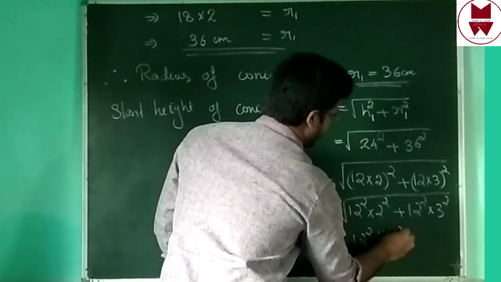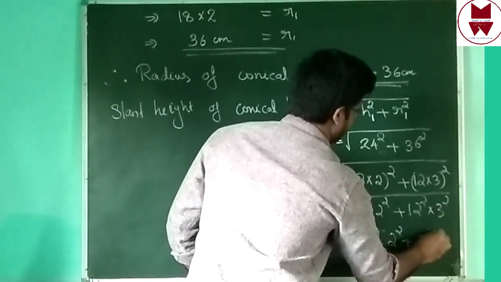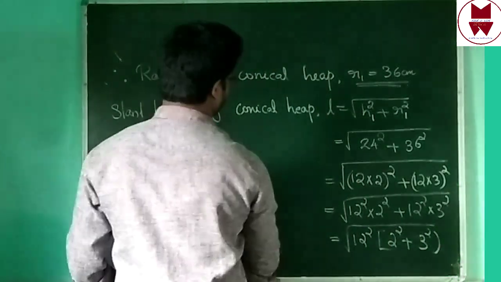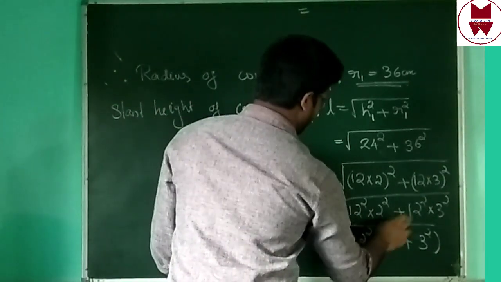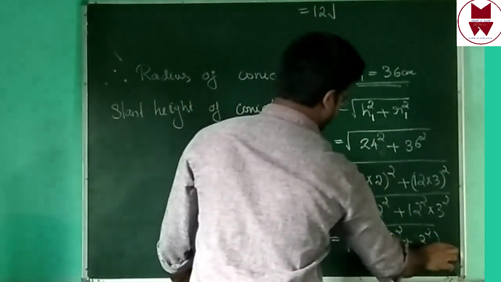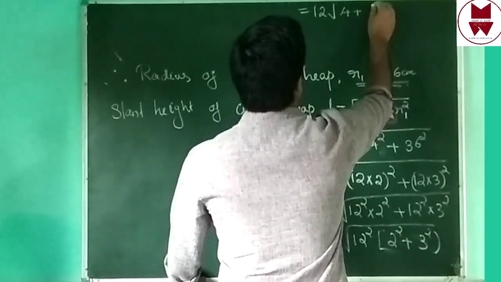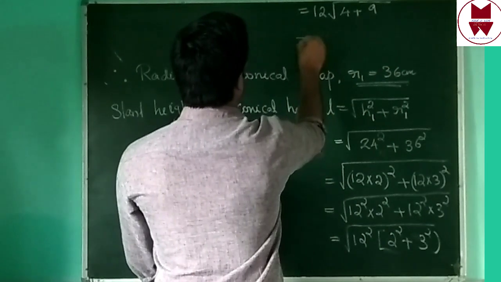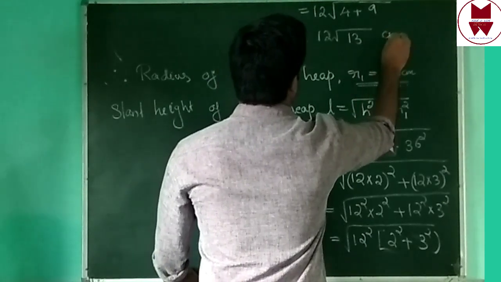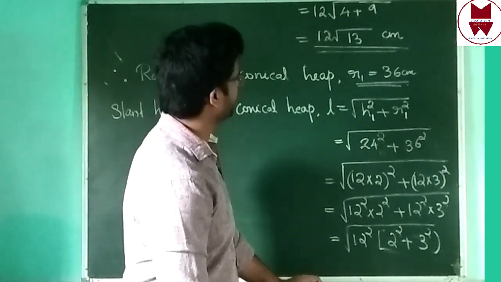Then remaining 2 square plus 3 square, equal to square root of 12 square. The square and square root cancel, you will get 12. Then the remaining square root of 2 square, we can write 4, plus 3 square, we can write 9. 12 square root of 4 plus 9, 13. That means the slant height of our conical heap, we got it 12 root 13.